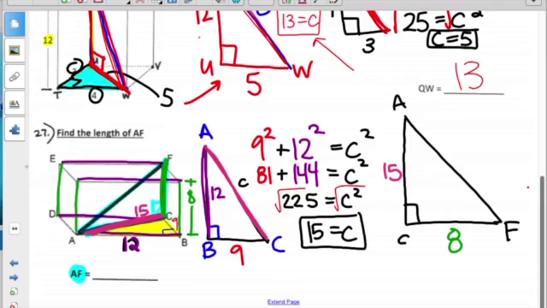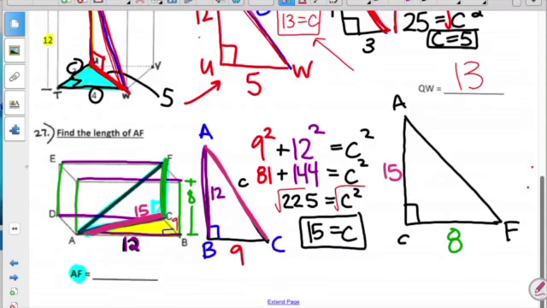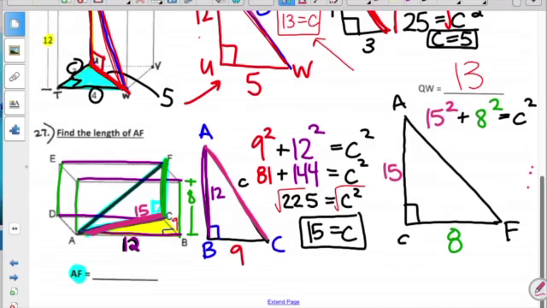So we have 15 and 8 are our legs. So we'll do 15 squared plus 8 squared. And that will equal our hypotenuse, c squared. Okay, so 15 squared is what we're going to do first. 15 times 15 we already know from right here, it's 225.